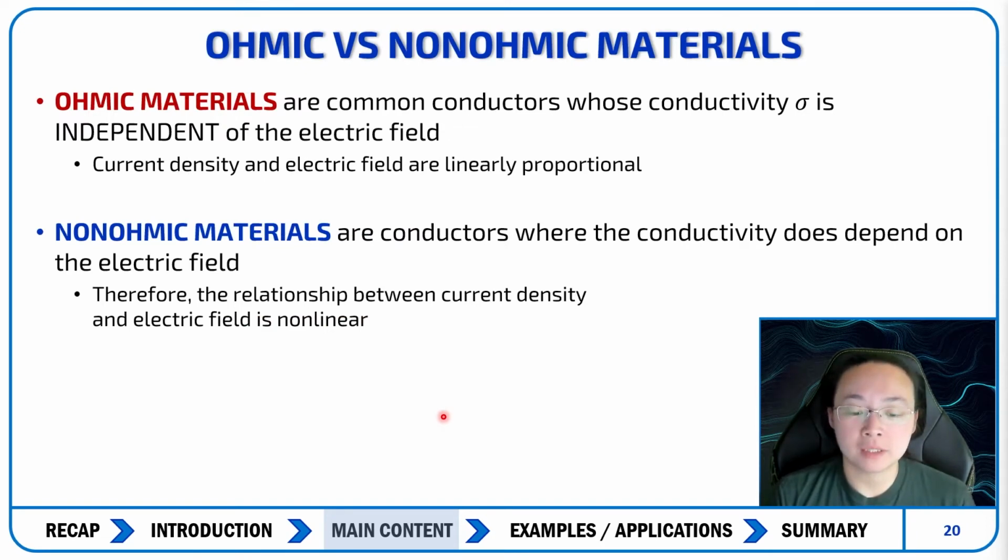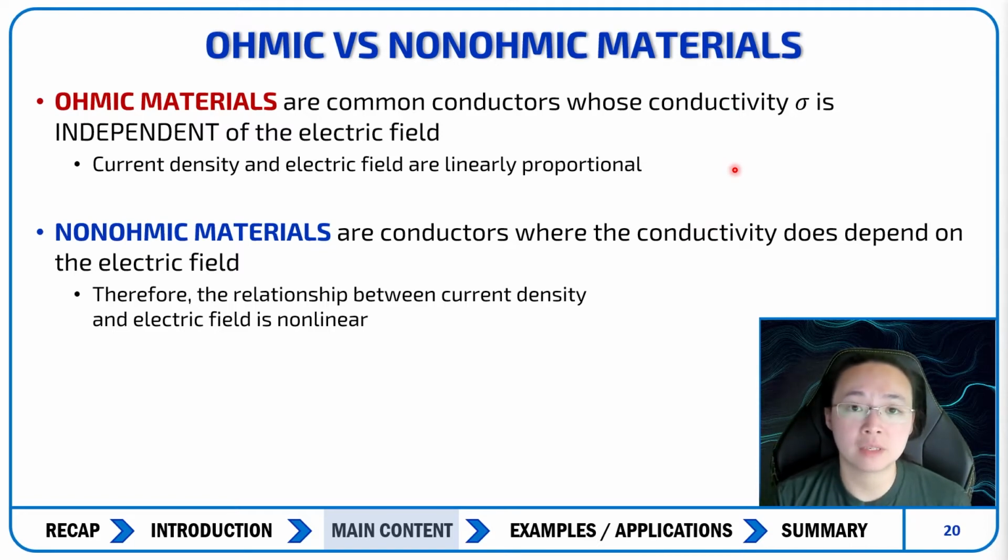Now, because we have conductivity, it means that we can have ohmic materials or non-ohmic materials. Basically, those with high conductivity and those with low conductivity. Depending on what kind of material you have, if it's an ohmic material, they are going to be conductors whose conductivity sigma is independent of the electric field.